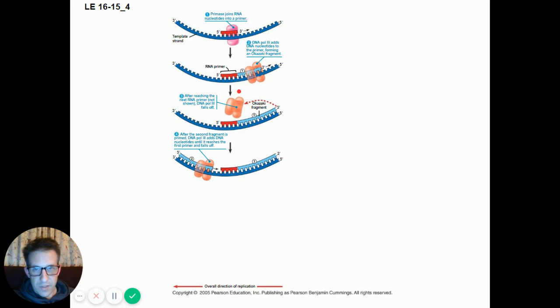You can see that it falls off here, and it starts another DNA track until it gets to this little primer. Now, one thing that's not indicated in this picture, and they probably should have put that since this picture does describe RNA primers, is that somewhere up here upstream, there was a little red chunk of RNA that was laid down, just like this little pink enzyme did.